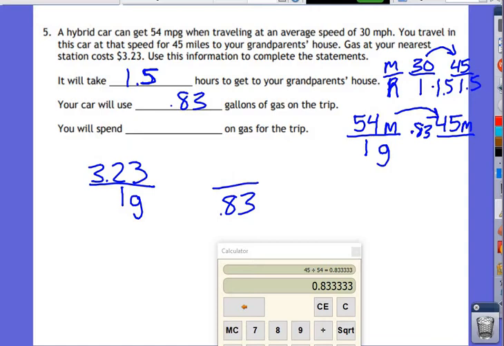So, how does 1 turn to 0.83? 1 times anything gives me... imagine this was a regular 8. What 1 times what gives me a regular 8? 8. So 1 times what's going to give me a 0.83?